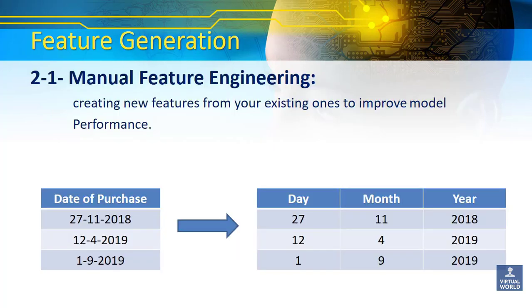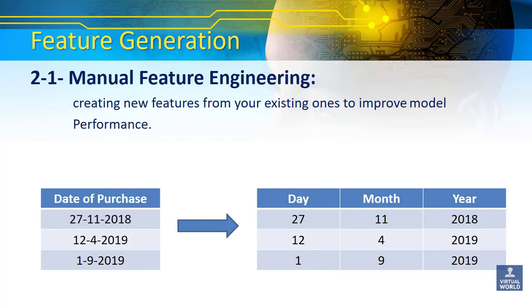Now let's talk about feature generation. We have 2 types of feature generation. The first one is manual feature engineering. Manual feature engineering is creating new features from our existing ones to improve model performance. For example, let's say that we have a dataset for a store, and one of the features is date of customer purchases.